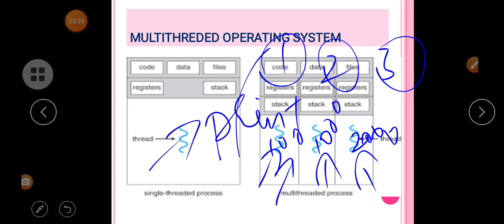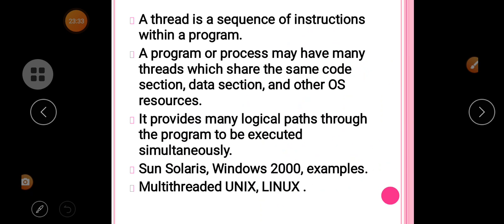So this becomes multi-threaded. Examples are Sun, and it may also include multi-threaded Unix and multi-threaded Linux.